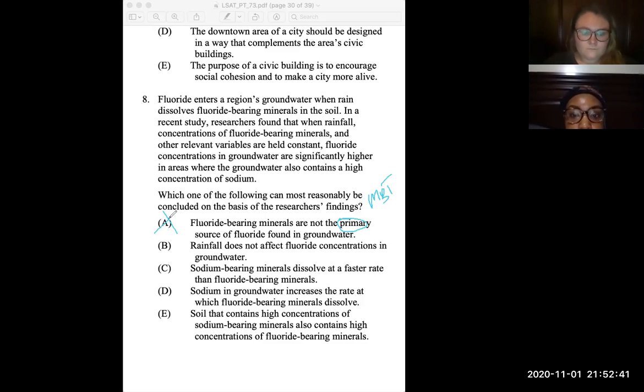That's not true, and "does not affect" is so strong, like no effect at all. C: sodium-bearing minerals dissolve at a faster rate. We don't know that either. D: sodium in groundwater increases the rate at which fluoride-bearing minerals dissolve. We don't know that.